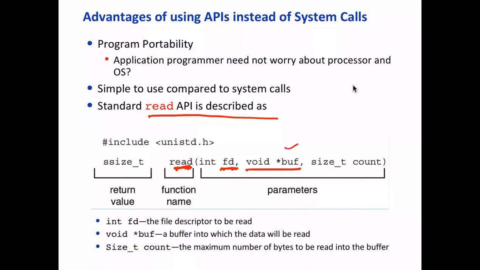Basically it is a buffer, which is nothing but a string. How many bytes we are copying is given by the parameter count. And size_t, of course, is a type, as is the return type. So this is a very simple library call that we can use.